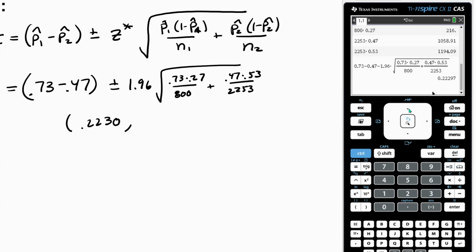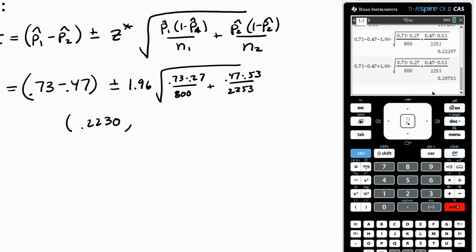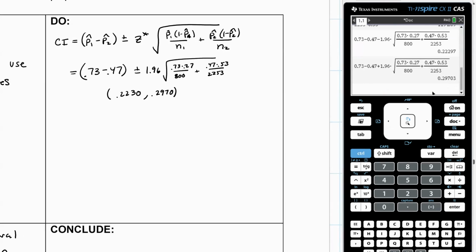And then let's go ahead and adjust this for doing the upper end, changing that minus to a plus sign, and we get 0.2970. All right, there's the end of our calculation step.